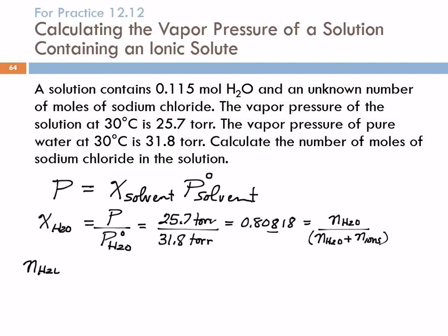So n H2O plus the number of ions is equal to the moles of H2O divided by the mole fraction. And then to get the number of ions by itself, I'm going to take that quantity and subtract the number of moles of water.